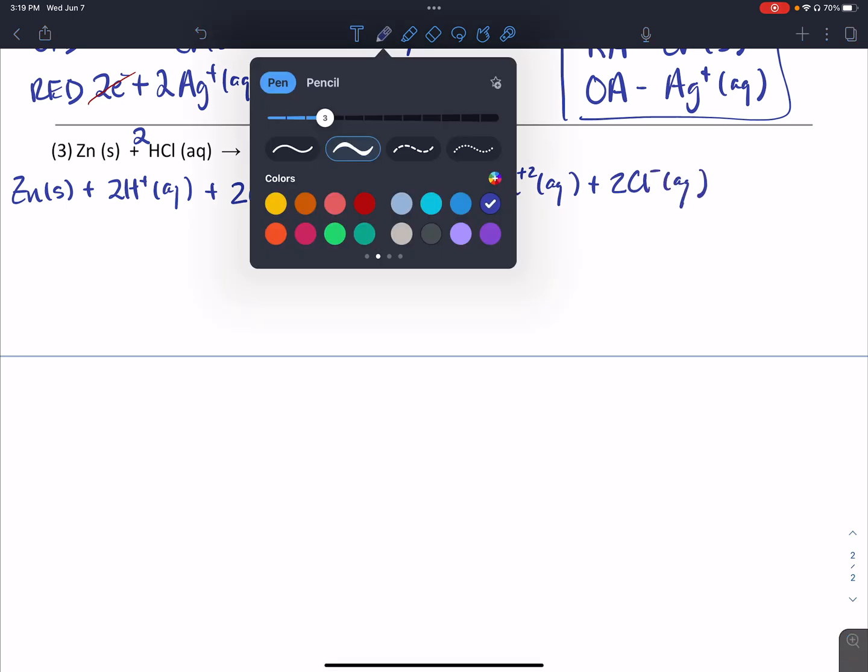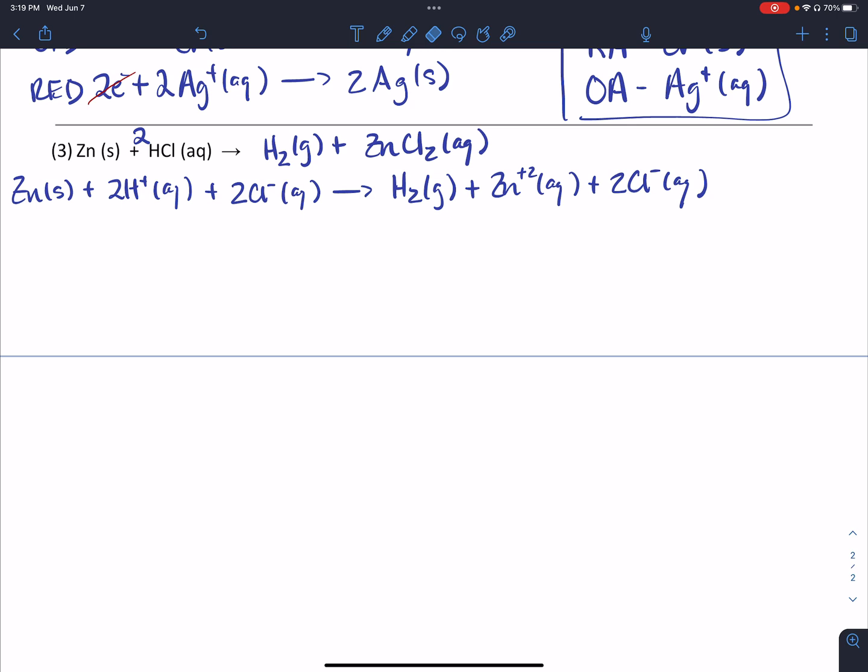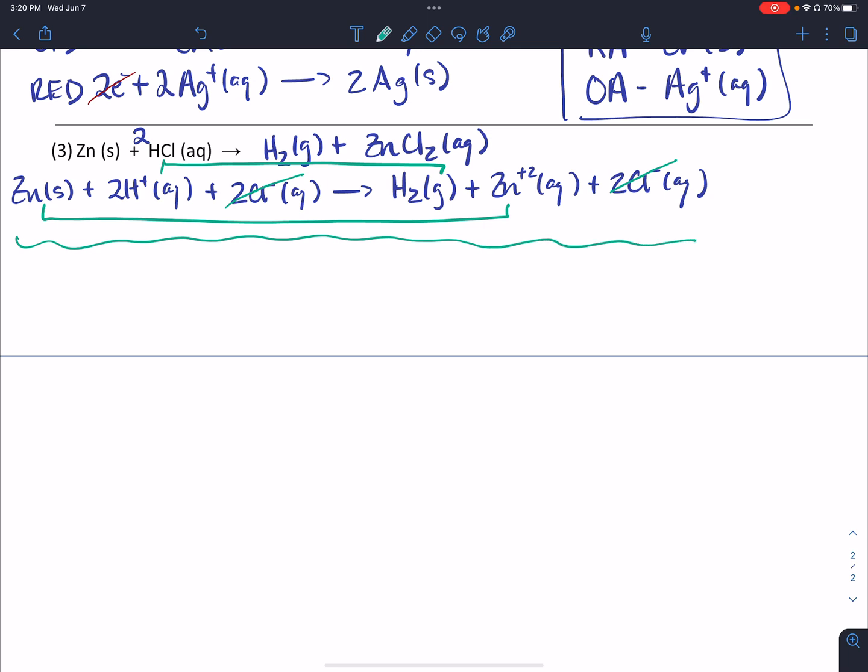All right, so I check for spectators and I see Cl- on either side, so that must be a spectator. All right, and then I put together my pairs, and I have zinc metal interacting with zinc ions, hydrogen ions, and hydrogen gas. All right, so I'm going to split those into my 2 half reactions.